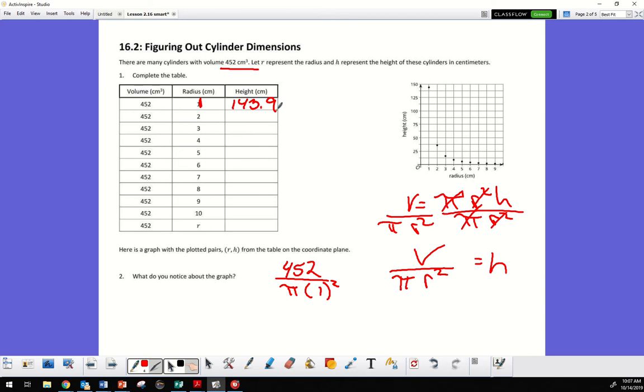Go up, hit enter, and now you can adjust it. Okay, if it's already over here, then you can't adjust it. Okay, 452.